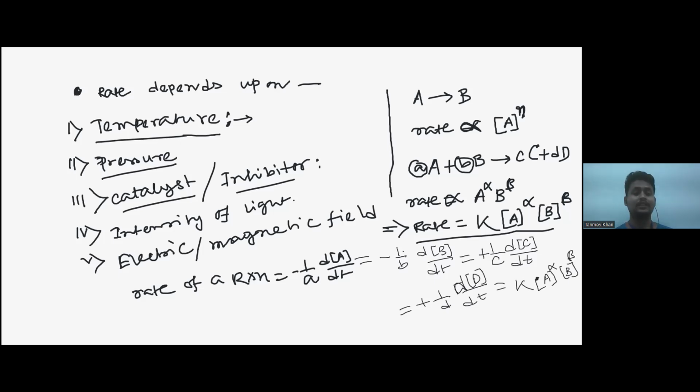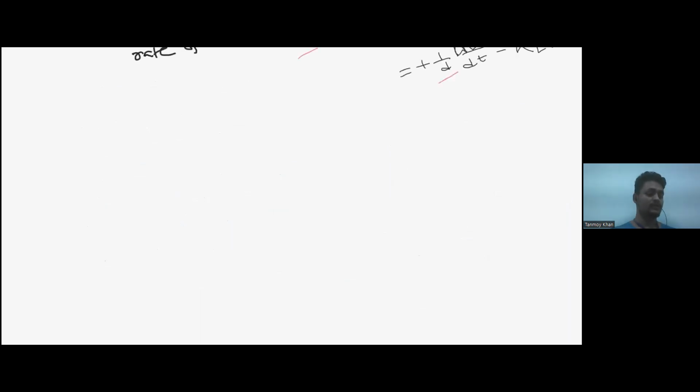I'm telling it several times: a, b, c, and d have nothing to do with alpha and beta, because these are different. Now, what is alpha and what is beta?